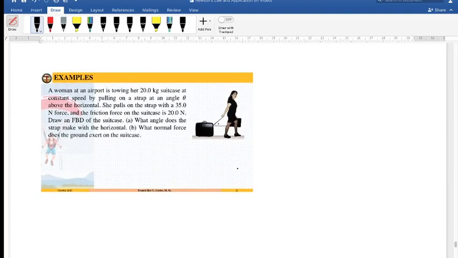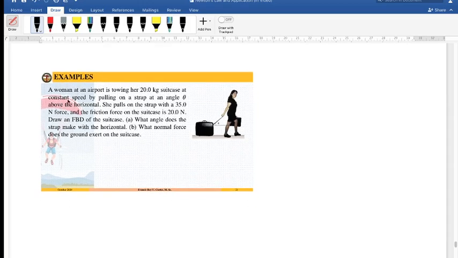So for these examples, I will just answer this for you. I will read the problem. A woman at an airport is towing her 20-kilogram suitcase at constant speed by pulling on a strap at an angle theta above the horizontal.